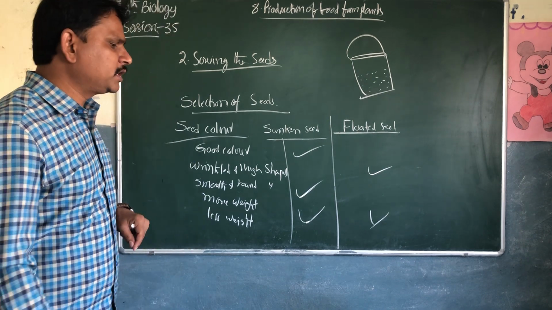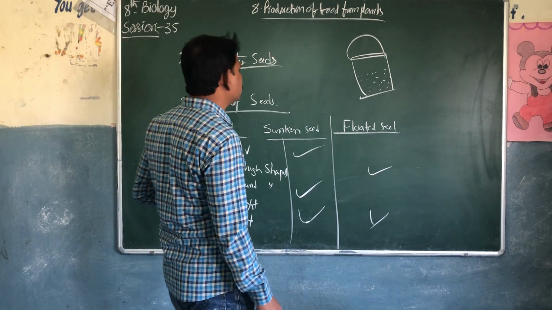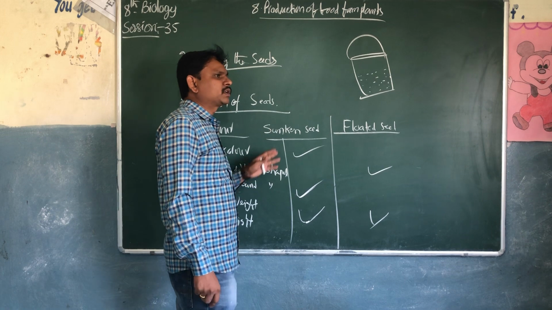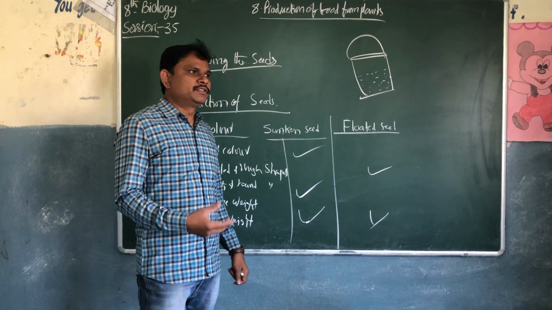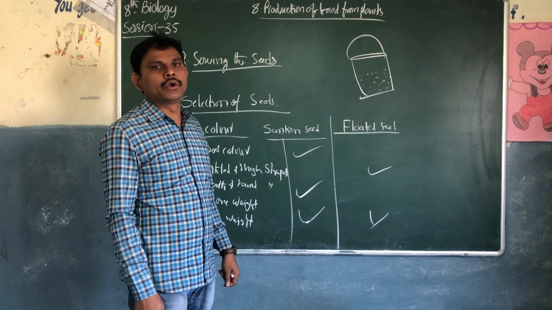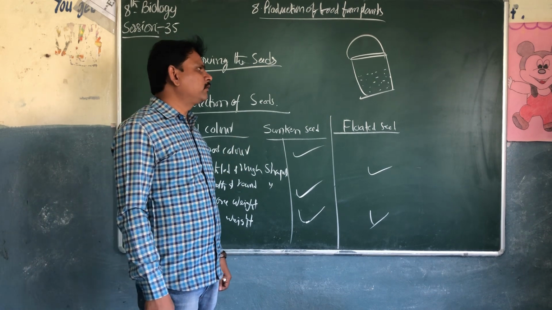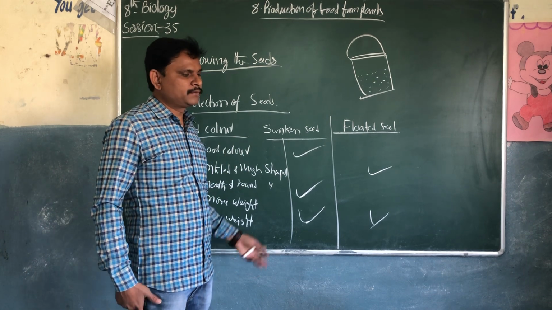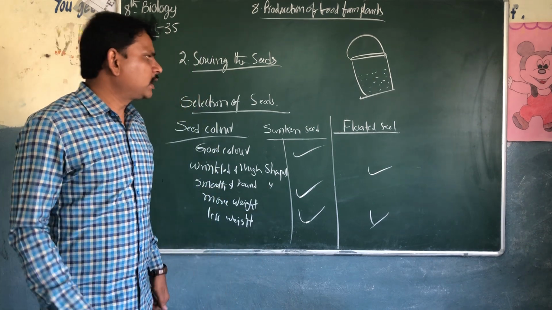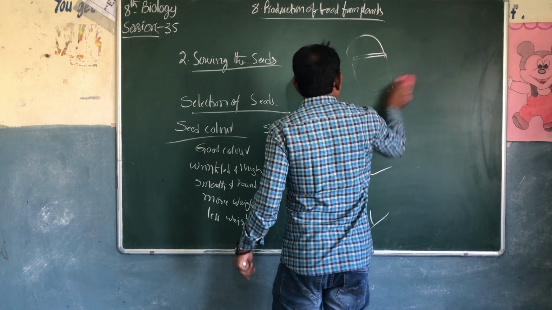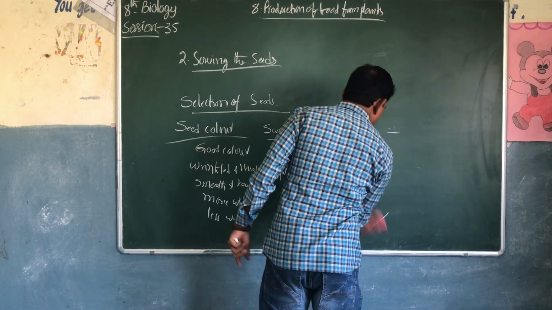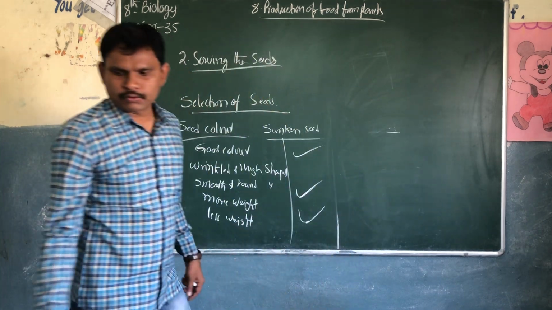By germination also, we can identify the quality of seeds. If germination is very good and active, then we consider it good quality seed. Now there is a bit more science about seeds.